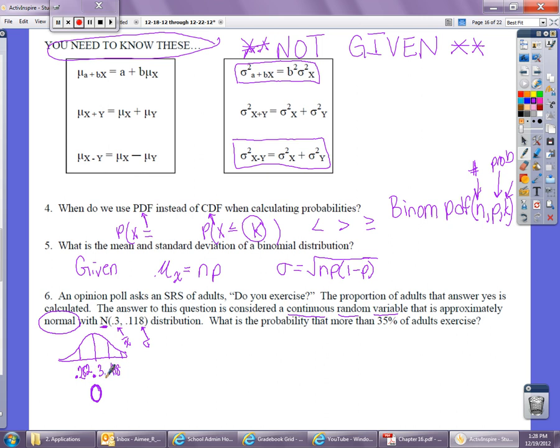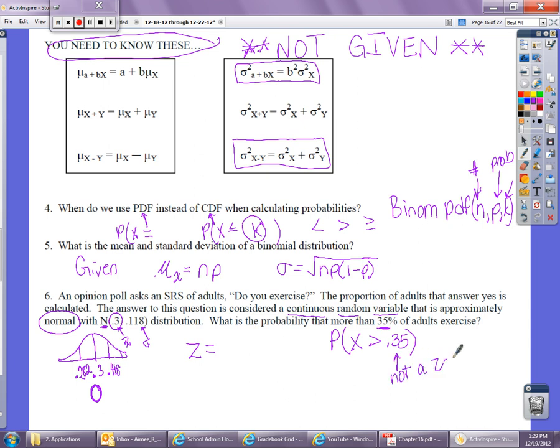All right? So this is not a standard normal model. I have to standardize, get a z-score for that value. I'm actually trying to find the probability that x is greater than 0.35 or 35%. That's what I'm looking for. So I have to standardize this. This is not a z-score.